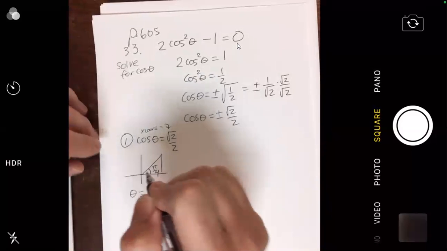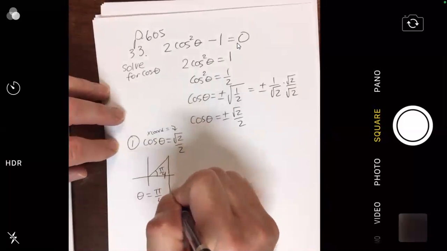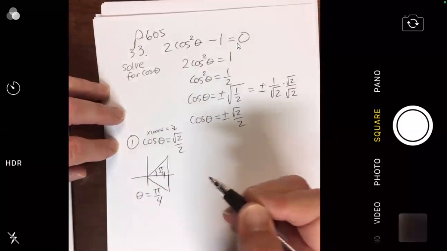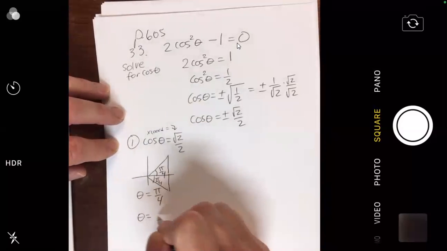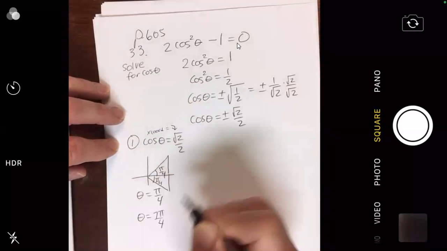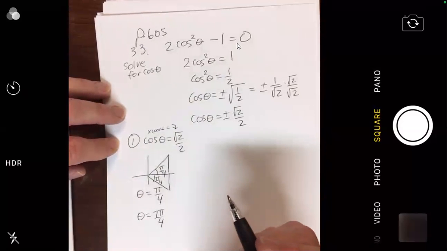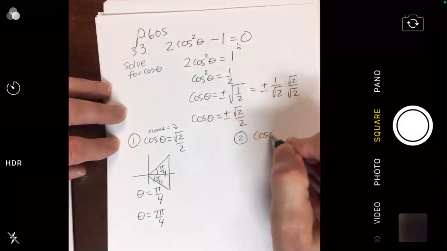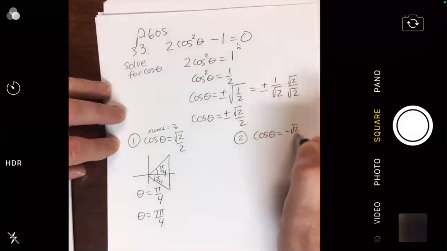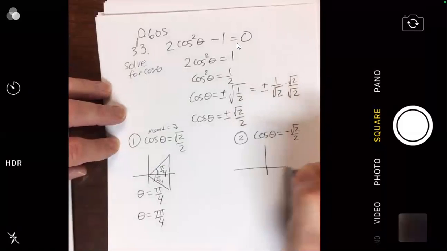And then cosine, you want an x-coordinate positive, and so that's going to be down here. Again, where this is pi over 4. And you're going to be at 7 pi over 4. Pi over 4 short of 2 pi. On the next one, cosine theta is going to be at negative root 2 over 2, and that's going to be your second and third quadrants.